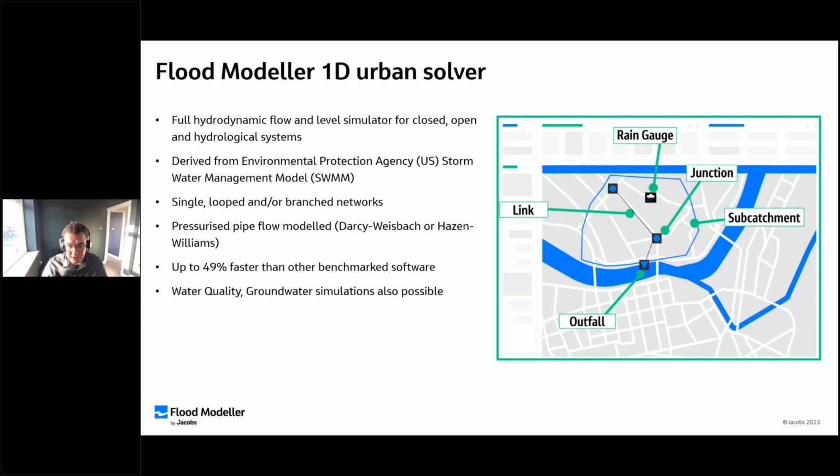And then just to finish off a summary on the 1D Urban Solver, we've recently benchmarked it against other software with drainage network modeling capabilities. And we found the 1D Urban Solver was up to 49% faster while providing very similar results, so a close comparison in results compared to the other software. The results of that benchmarking study are available on our website.